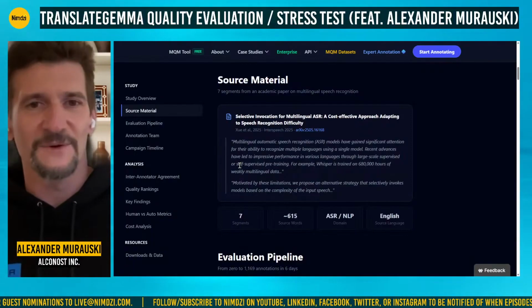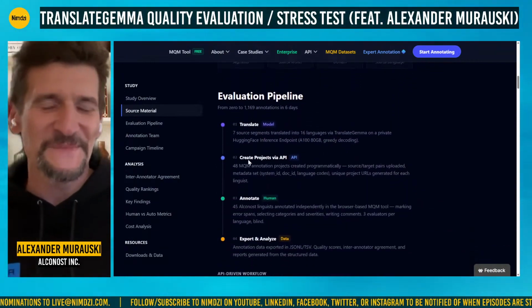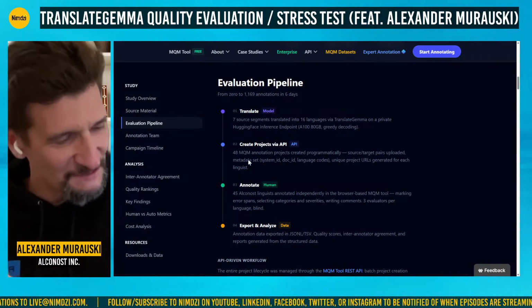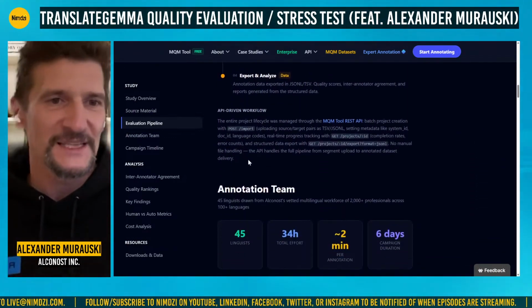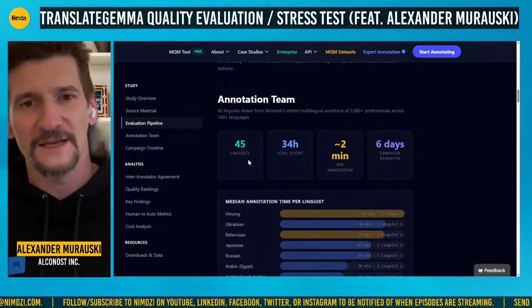What we've done here is a kind of quality assessment in essence, yes, but I cannot say that we assess the quality of TranslateGemma. It's more like a journey, an example of how it can be done, how we can run an LLM, a state-of-the-art translation model, on premises, and how you can organize professional linguists to assess the quality using the well-known MQM framework. So it's more like a story.